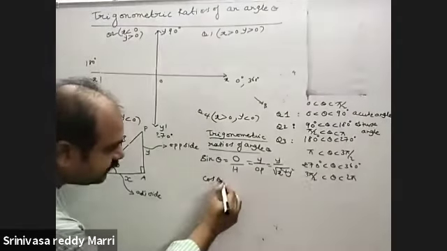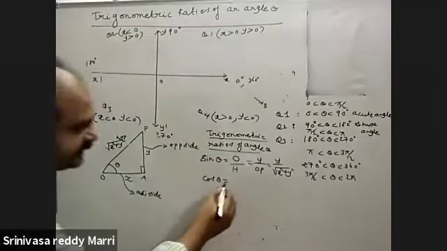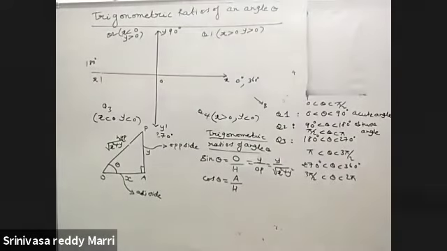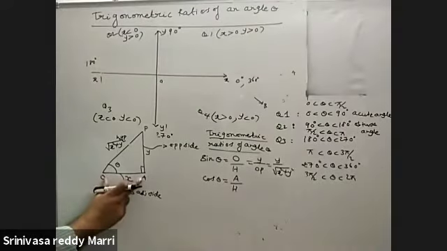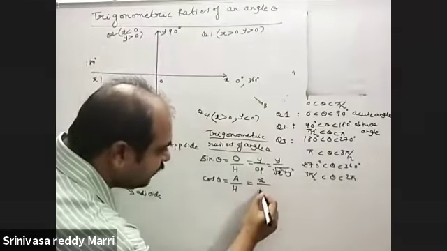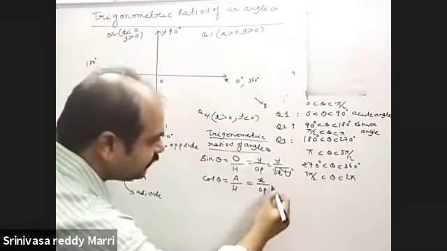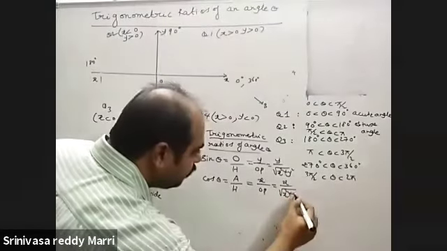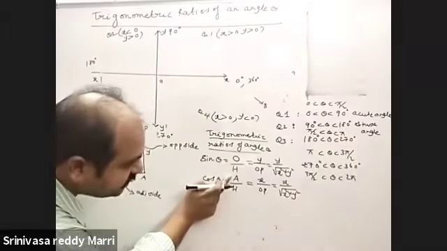Now cos theta. This is nothing but the adjacent side divided by hypotenuse. Adjacent side means x, divided by OP, which is the hypotenuse. So x divided by root of x square plus y square.